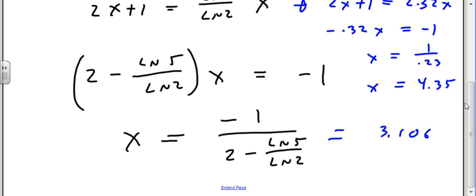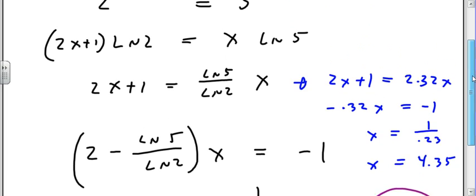Boom. And we're going to guess that the answer is 3.5, because I have to put in a guess. All right, solving. It gave me an answer of 3.106. Wow. Way to go. So the calculator says the answer is 3.106.